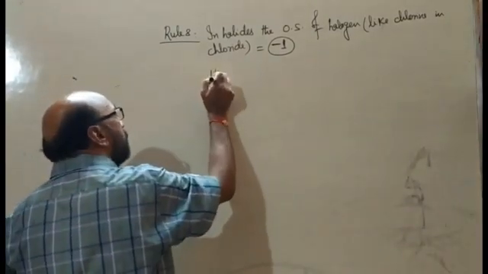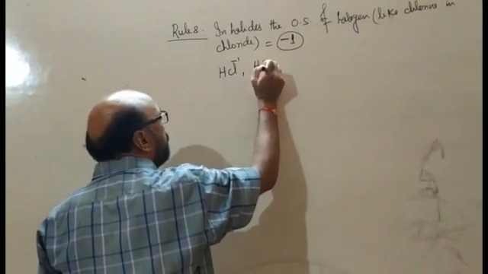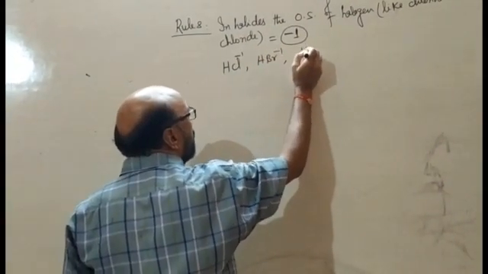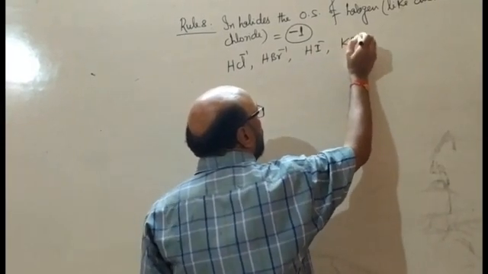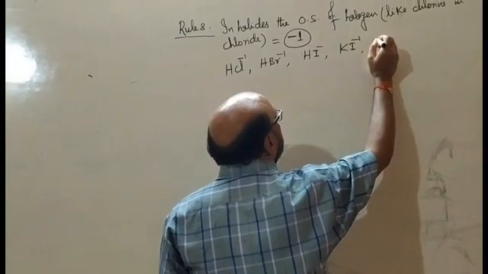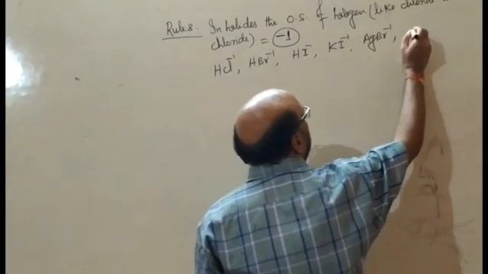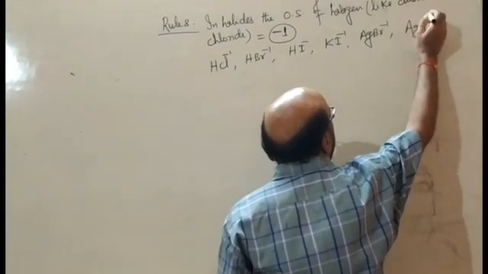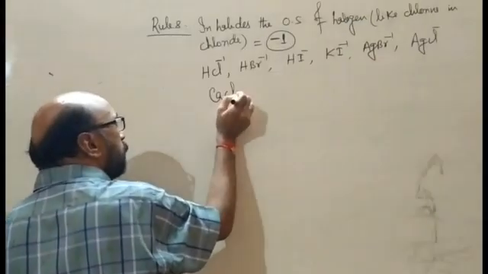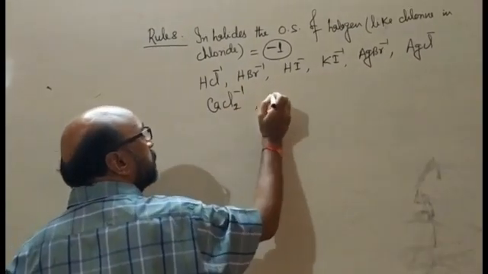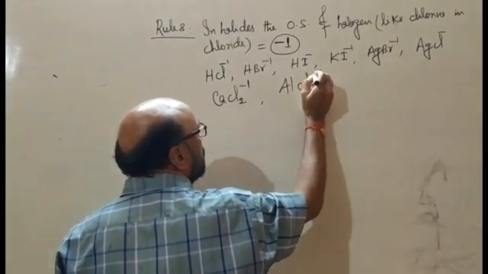Example: HCl hydrogen chloride -1, HBr hydrogen bromide, HI hydrogen iodide, KI potassium iodide, AgBr silver bromide, AgCl silver chloride, CaCl2 calcium chloride, AlCl3 aluminum chloride, etc.